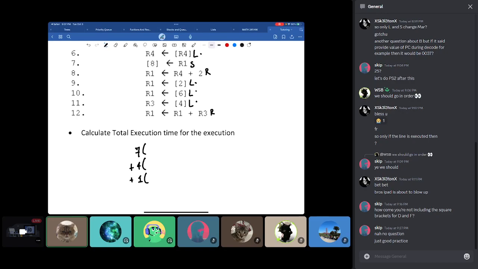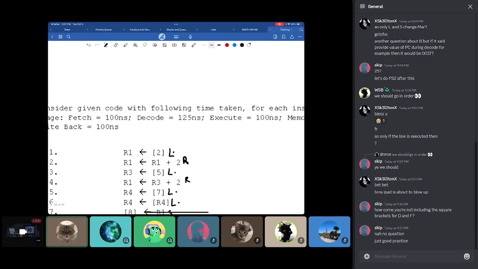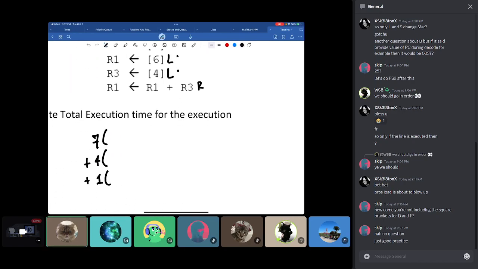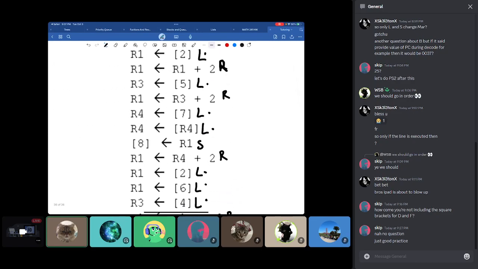And we know for load, it's fetch, decode, exec, mem, write. And we've been given the time for those. So fetch is 100. Decode is 125.